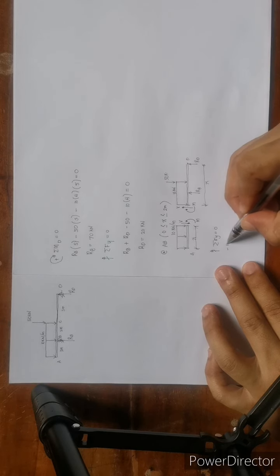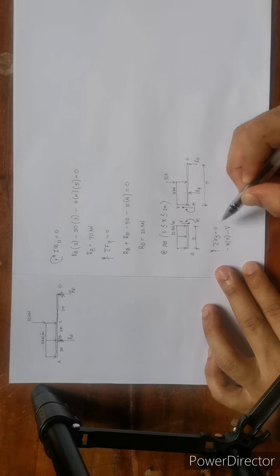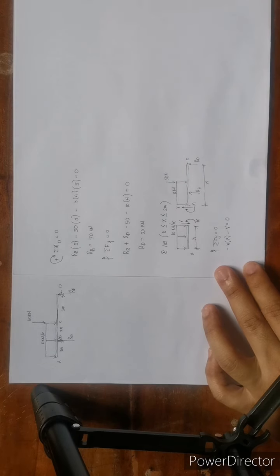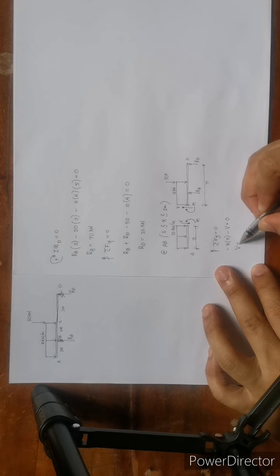Downward, negative 10 times x. And then meron tayong downward na shear force, minus V. Meron pa po ba? Wala na. And that will be equivalent to 0. So, kung kukunin natin mismo yung equation ng V o yung shear equation natin, ilipat lang natin ito para maging positive. Therefore, V is equivalent to negative 10x. Yan po yung tinatawag nating shear equation.